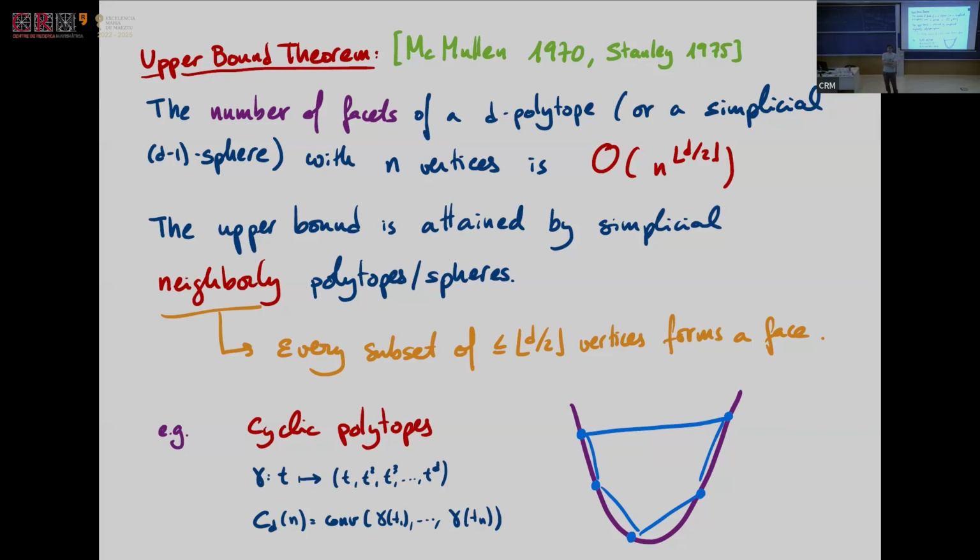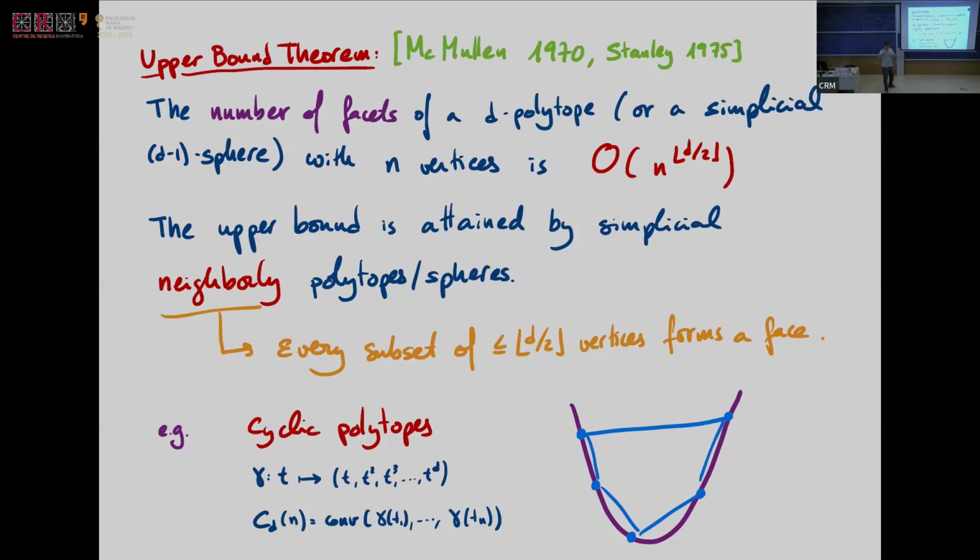I want you to give me an upper bound for the number of edges of, let's say, a four-dimensional polytope. Edges are one-dimensional. The best you can hope for is that every pair of vertices is joined by an edge. So the trivial upper bound is n choose 2.